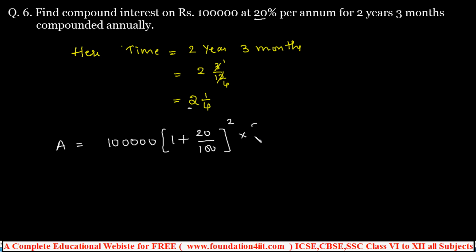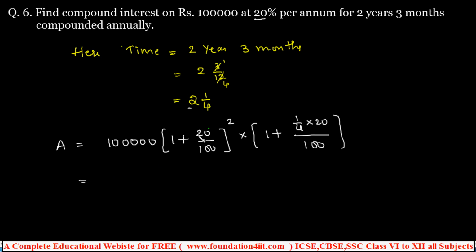Again into 1 plus TR by 100, so 1 by 4 into 20 by 100. Okay, this is the calculation. When they give years and months combined, the months are converted into a fraction. Power 2 is up to 2 years, into, for the 1 by 4th year, again 1 by 4 into 20 by 100. Don't keep any power again. Yes, if you calculate this value, you'll get the answer.